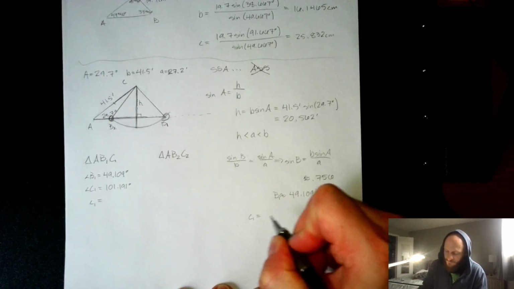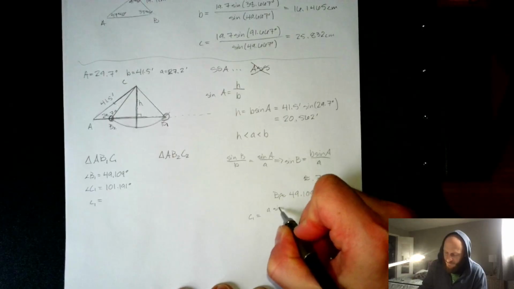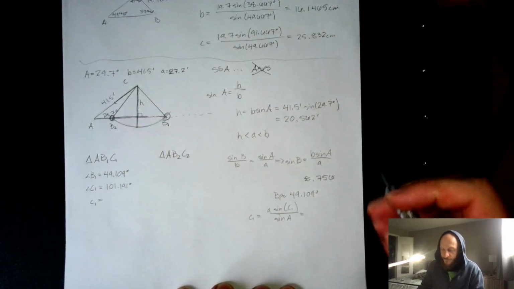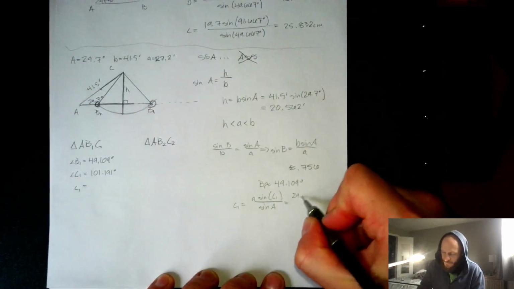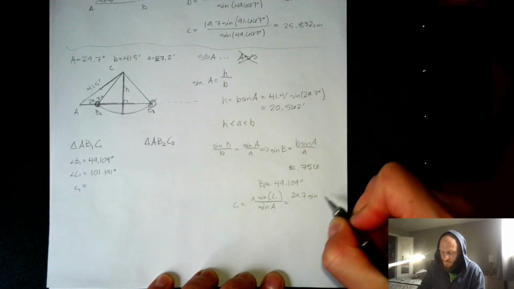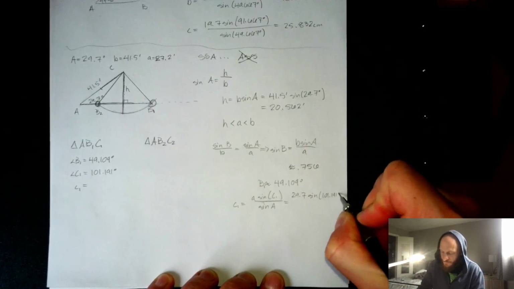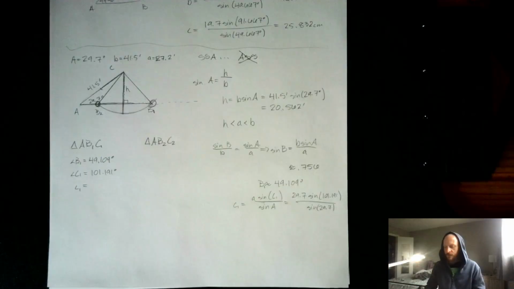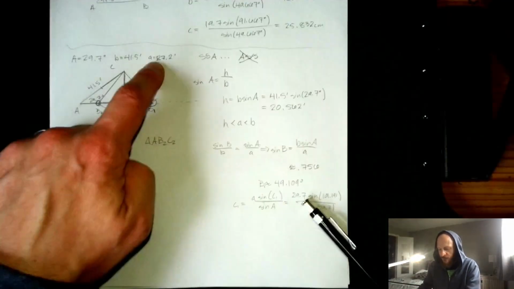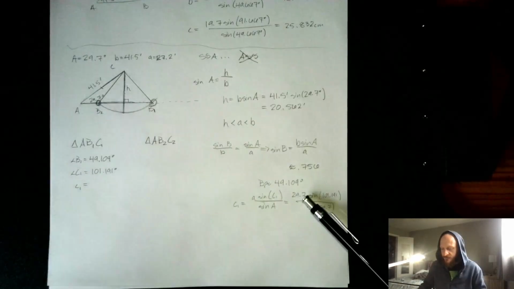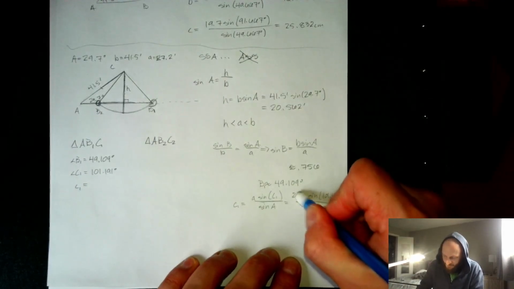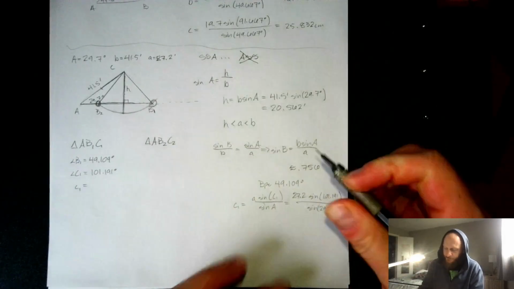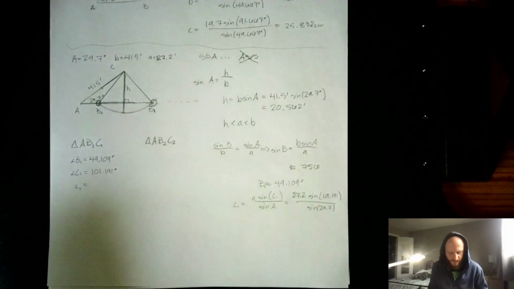Let's solve for C1. C1 is going to be equal to A times the sine of angle C1 over the sine of A. Sorry, this should have been 27.2. I was looking at the angle when I wrote down side A. I was wondering why the angle and the side length were the same.